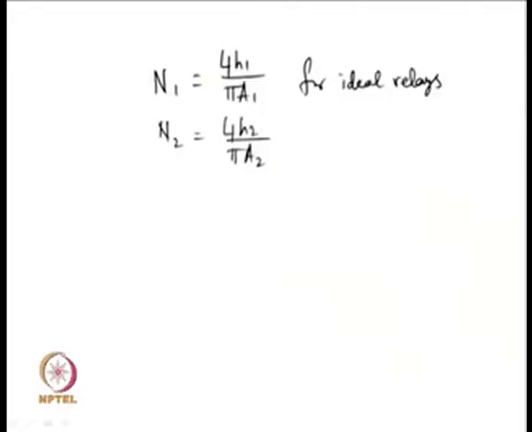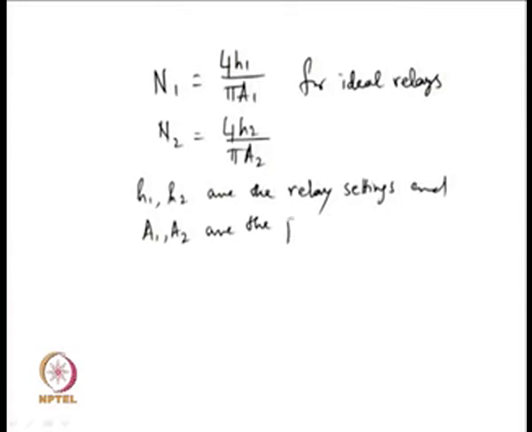Now, what are H1, H2, A1, A2? H1, H2 are the relay settings and A1, A2 are the peak amplitudes of the sustained oscillatory outputs.